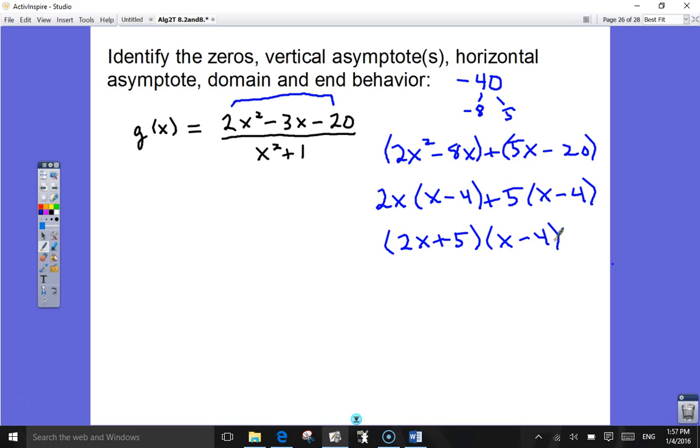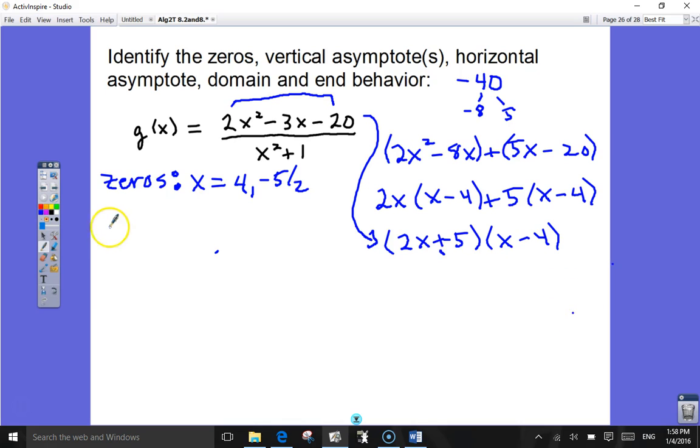Okay, so now, what are the zeros of this function? Here's the factored form of the numerator. What are the zeros? 4 and negative 5 halves, right? 2 times negative 5 halves plus 5.